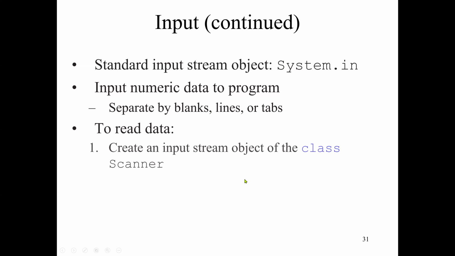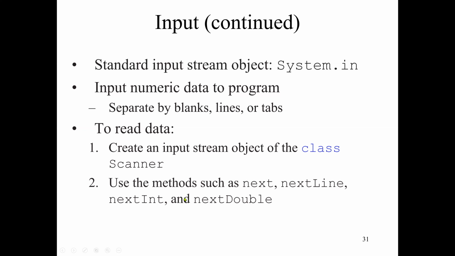Now to read data, we create an input stream object of the class Scanner. So if we want to read the data, an example would be from a keyboard. We are going to start with keyboard. First, I'm going to create a scanner object.